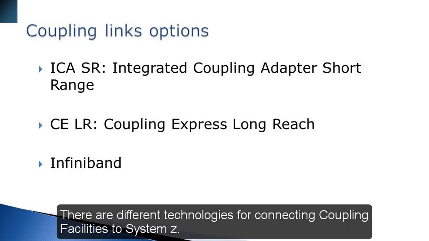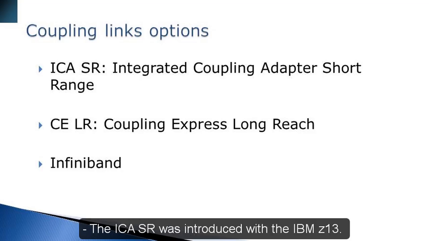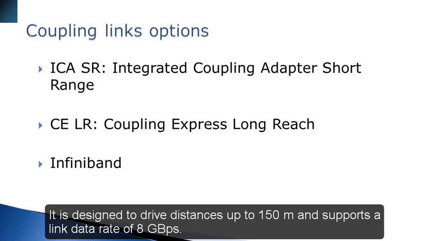Coupling link options. There are different technologies for connecting coupling facilities to System Z. The Integrated Coupling Adapter Short Range was introduced with the IBM z13. It is designed to drive distances up to 150 meters and supports a link data rate of 8 GB per second.